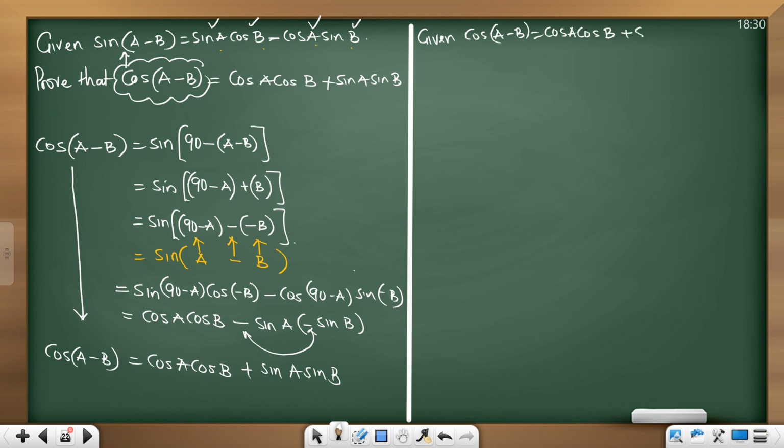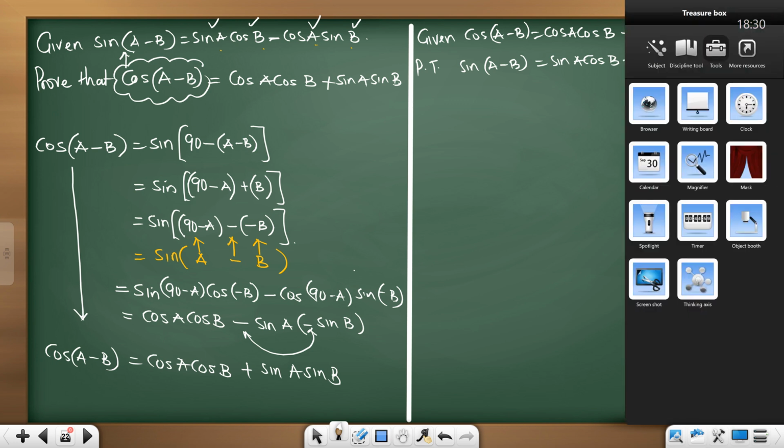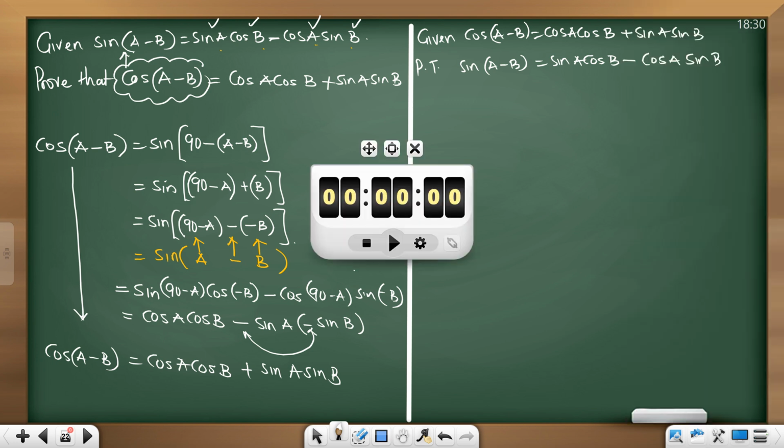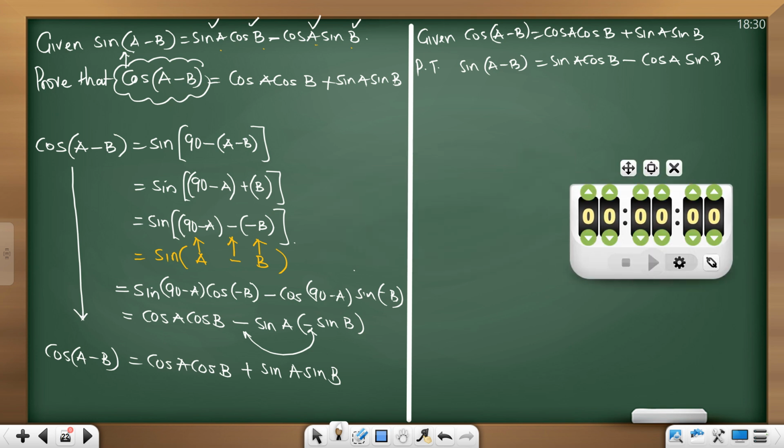Try. Prove that sine A minus B equals sine A cos B minus cos A sine what? B. Time frame for this one, 4 minutes. Now we put a time frame. Everybody quickly.